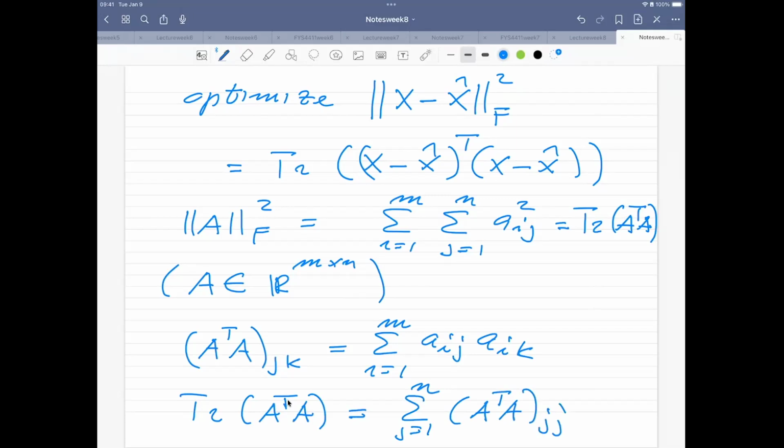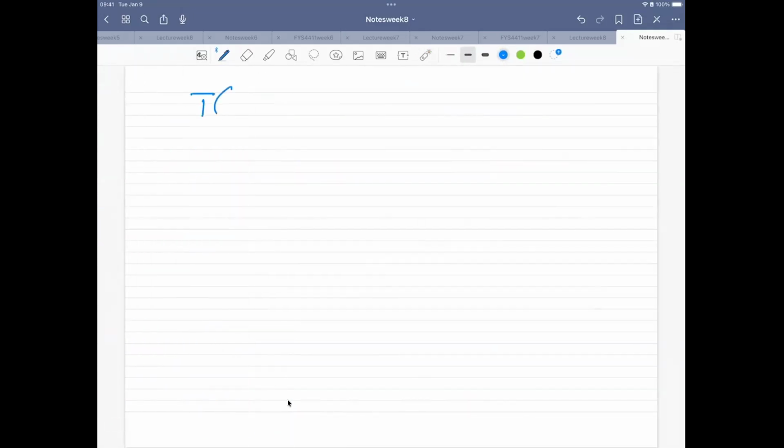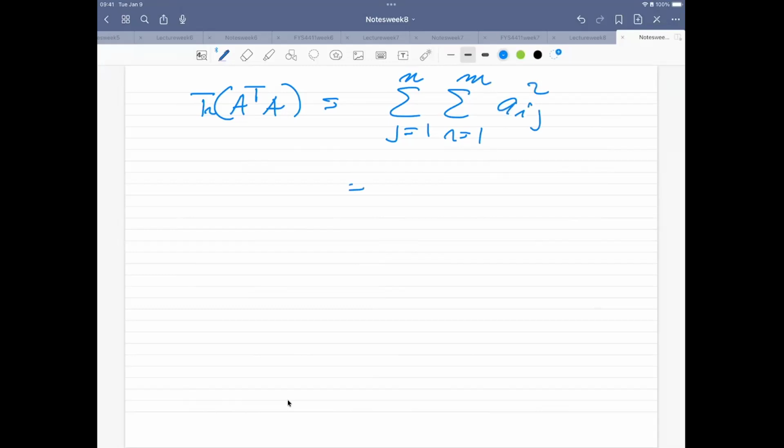So if I now just insert what I have put in here, then you can see that the trace of A^T A is equal simply to the sum over j equal 1 up to n, and the sum over i equal 1 up to m, of a_ij squared. And this is nothing but the Frobenius norm of that matrix, squared.